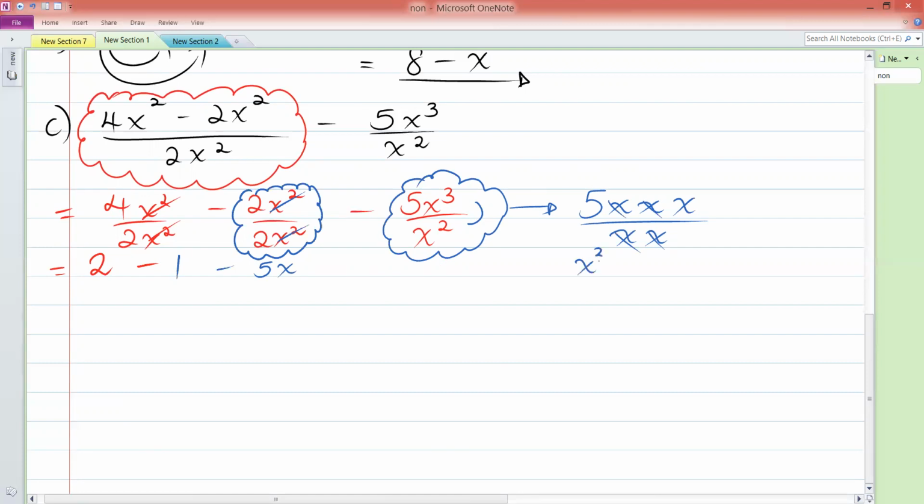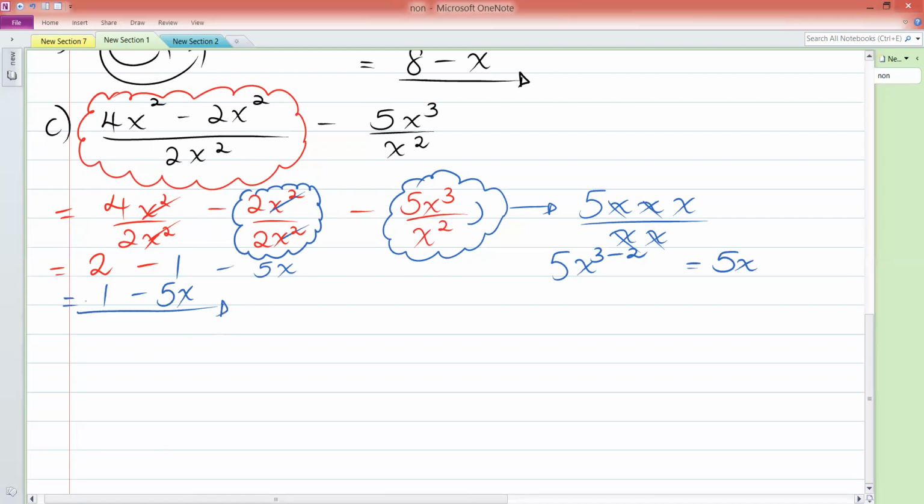We subtract. So 5x to the power of 3 minus 2, I'm just left with 5x to the power of 1. Right, now looking at this here, do you have any like terms there? The 2 and the 1. Perfect. So 2 minus 1, you're left with 1 there, minus 5x.